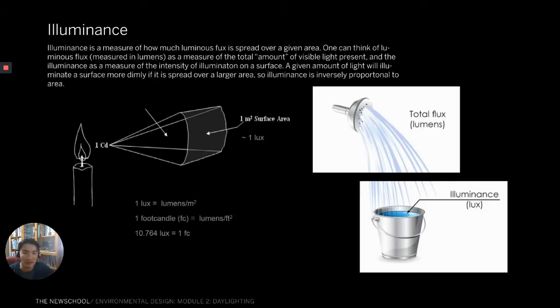The light from a light source will illuminate a particular surface. Illuminance is a measure of how much luminous flux is spread over a given area. It is also helpful to use the analogy of water to describe this concept.